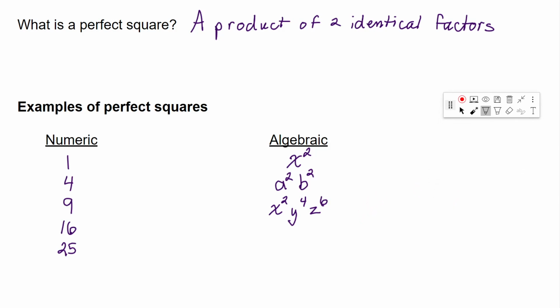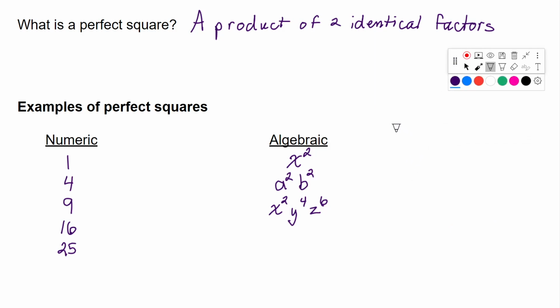Now, the reason we say we want them to have an even number of exponents: if I take the square root of x squared y to the 4th z to the 6th, and I rewrite this with a rational exponent, x squared y to the 4th z to the 6th, and because it is the square root, it would be to the 1/2 power.